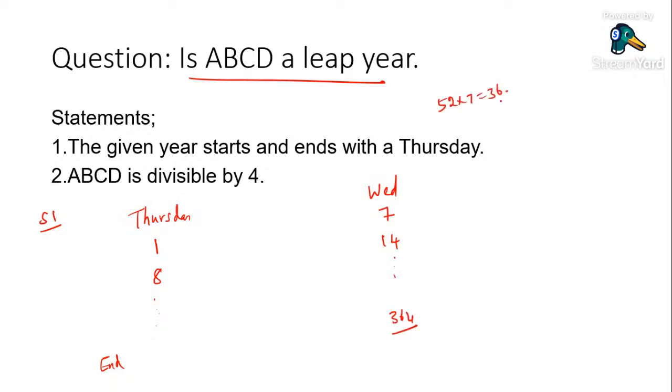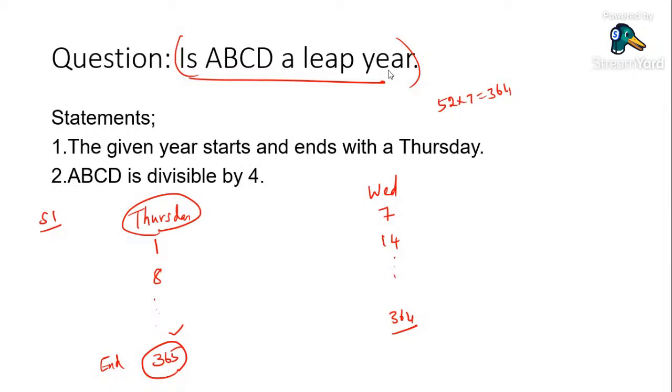It keeps on repeating. They're telling us the last day ends with Thursday. You know the multiples of 7, it is 364, and the 365th day is the first day again. So it is a normal year, not a leap year.